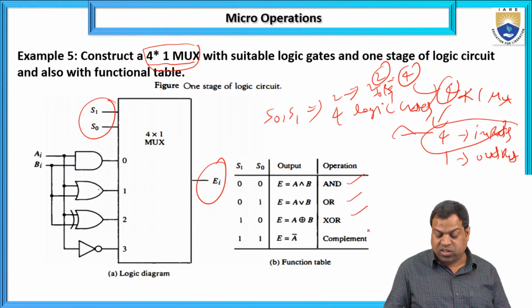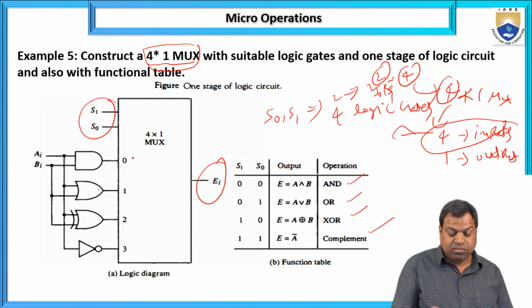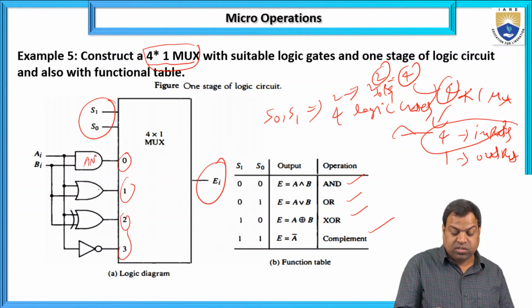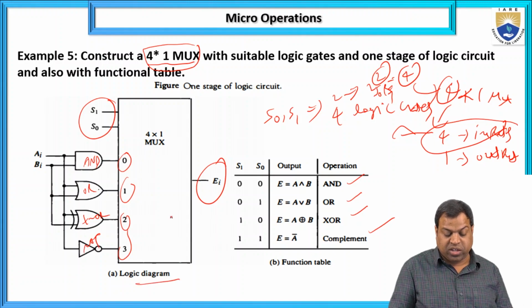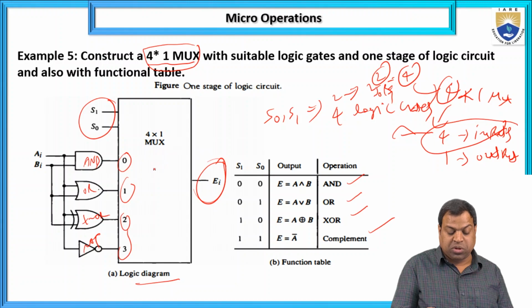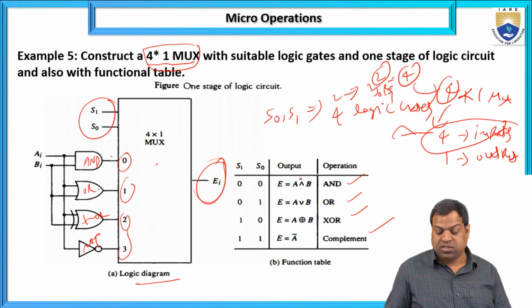AND, OR, XOR, complement. 0, 1, 2, 3: 0 means AND, then OR, XOR, NOT. So these are the logic gates I am taking as inputs, and the output is one output. It is a 4:1 multiplexer. So 4 logic gates and 1 multiplexer, getting the output with the suitable 2 switches.